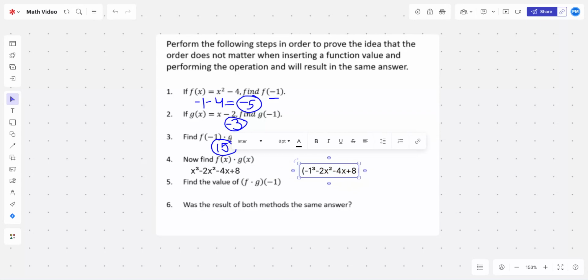So negative 1 cubed is still negative 1.